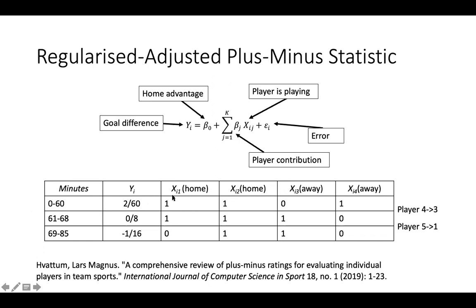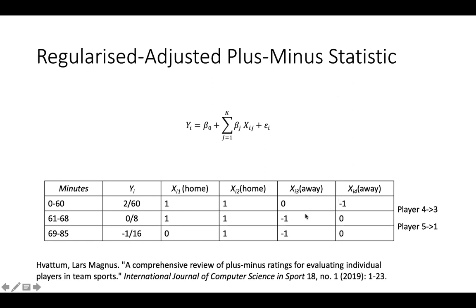And in this case, player 1, player 2, and player 4 are on the pitch. So in each case, this will be 1 here. It will actually be -1 for the opposition players here.